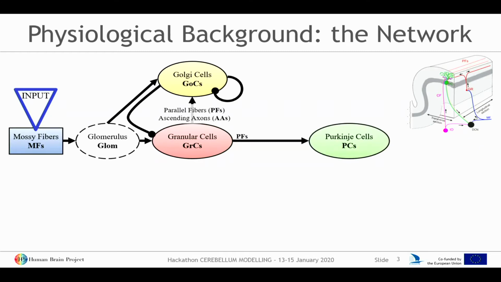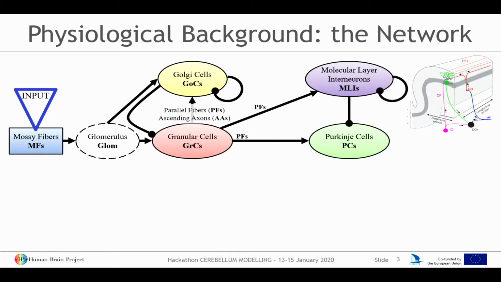Then the parallel fibers go to the Purkinje cells, but also up in the molecular layer to the molecular layer interneurons, basket cells and stellate cells, which inhibit themselves and the Purkinje cell. Purkinje cells then integrate information coming from the granule cells and from this second loop of the molecular layer interneurons.